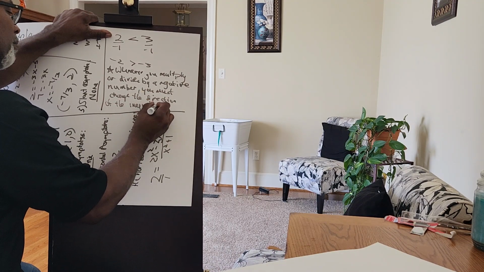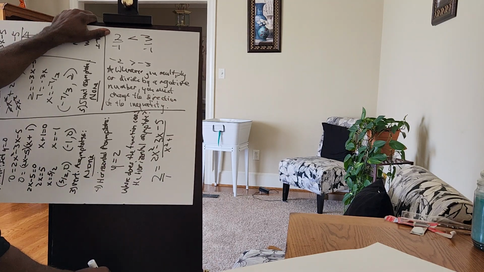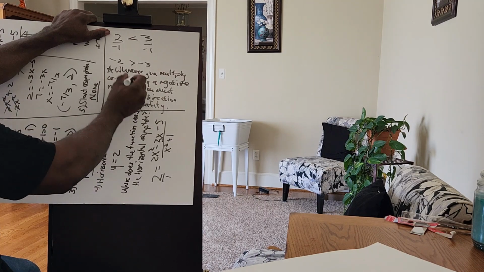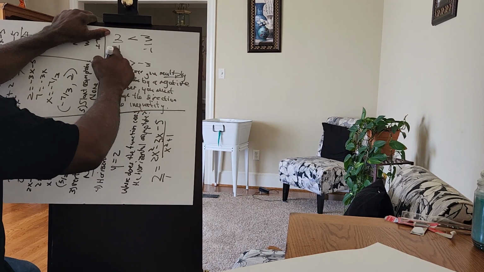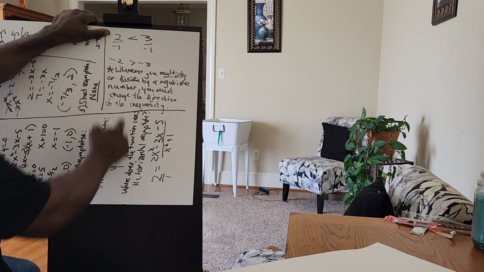That's what we're going to have to remember when we solve these polynomial inequalities. Whenever you multiply or divide, either one, by a negative number, you have to change the direction of the inequality.